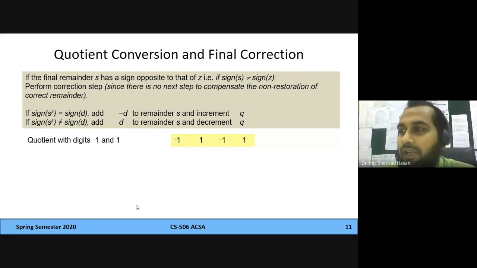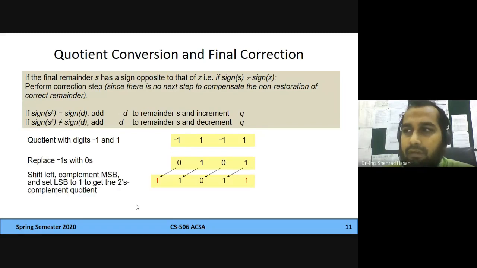So the first thing that you can do is replace all those minus ones with zeros. Then shift them left. So we are going to do two things over here: shift them left by 1, and complement the MSB. So if it is 0, this becomes 1. And since you are going to shift it left, you have this vacant place over here.